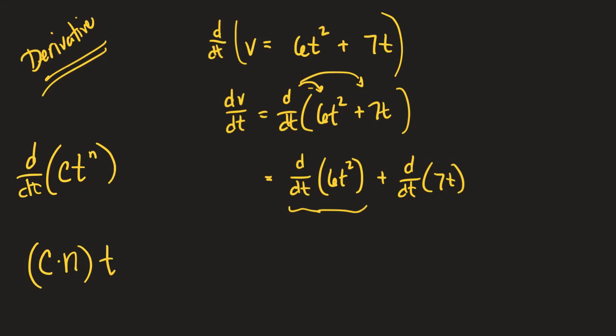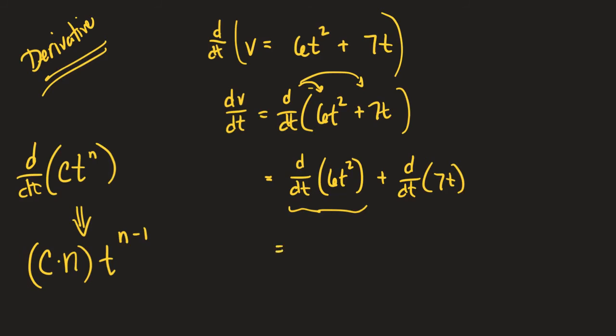Leave your variable in place, but subtract 1 from the exponent. This is how you find the derivative. It works for polynomials only. And you can only do one term at a time, but you can string them together like we're going to do right here.